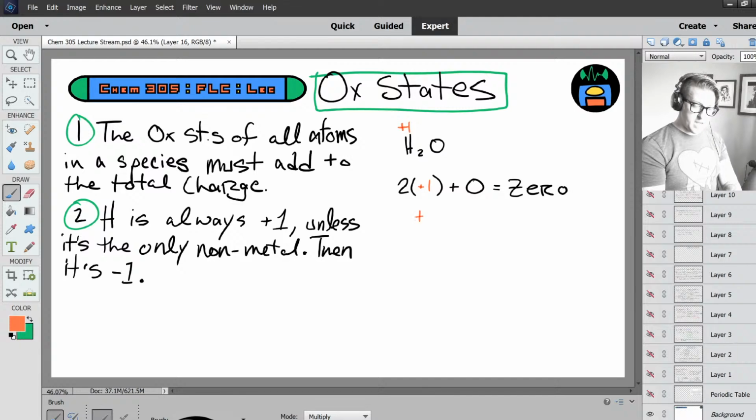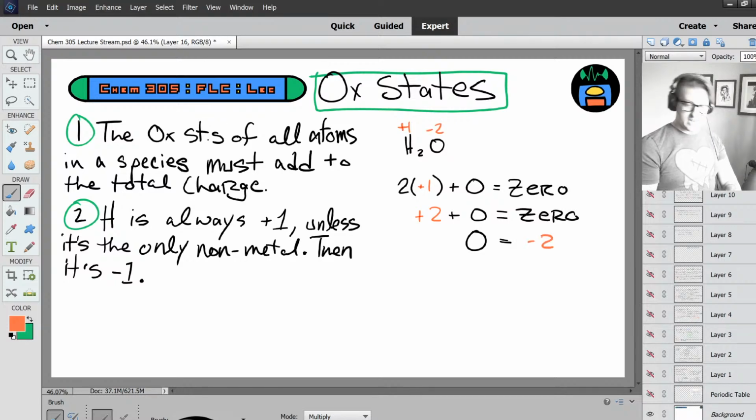So that means +2 plus oxygen's oxidation state equals 0. So that means that oxygen has an oxidation state of -2. So H2O would be +1, -2.